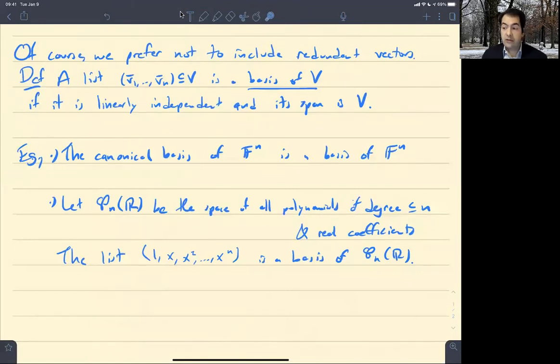So, okay, you can evaluate at 0, for example, to get the first coefficient equal to 0. You can differentiate and evaluate at 0 to get the second coefficient equal to 0, and so on. Differentiating and evaluating at 0 will show you that all of the coefficients have to be 0, right? And so the only linear combination of these that gives you the 0 polynomial is the one with all of the coefficients equal to 0.